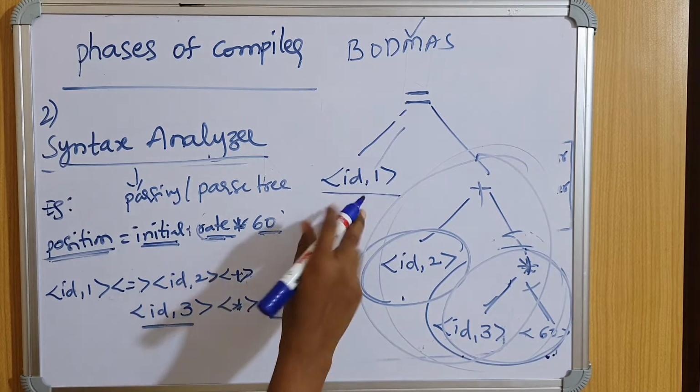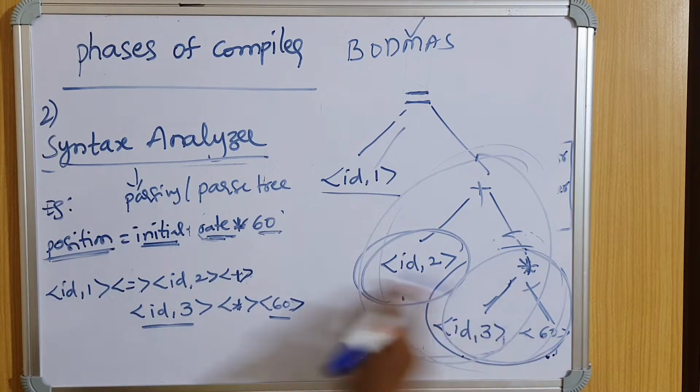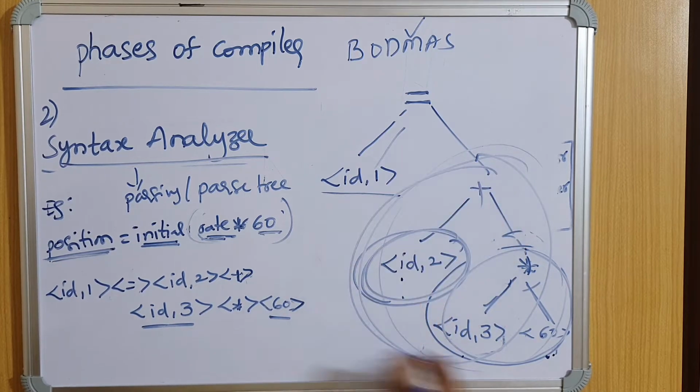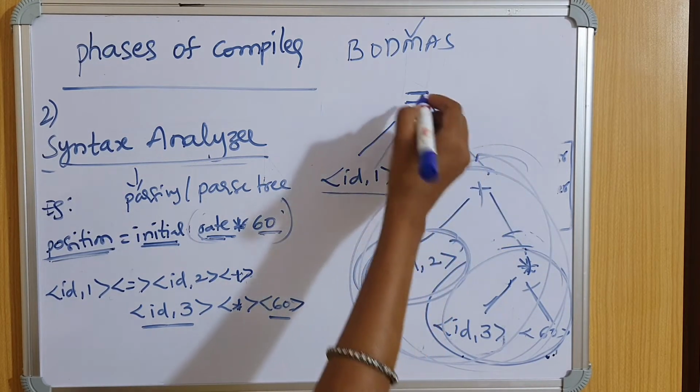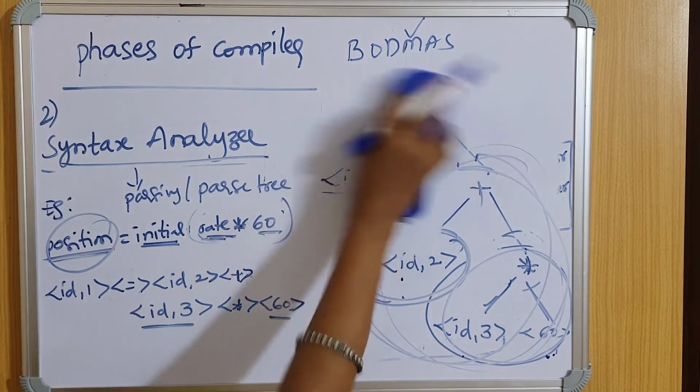Understood? Identifier 1 is position. Rate and 60 will be multiplied first. Then it is added to the initial, meaning identifier 2. Then this total value is assigned to position. So the output of the syntax analyzer is the parse tree. I'll draw the figure clearly.